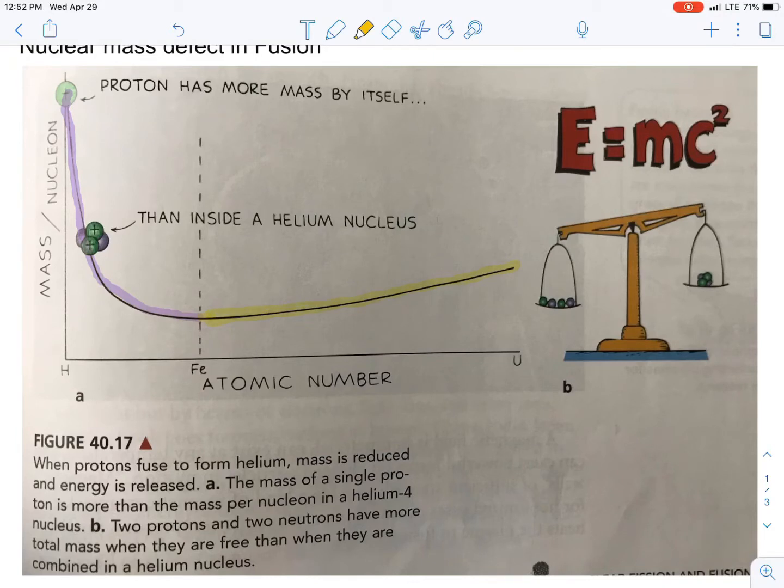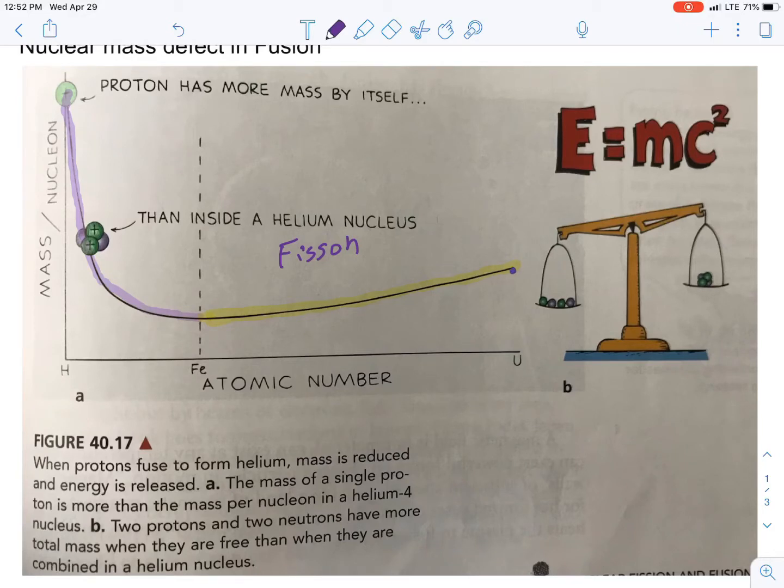All right, so what this means for us is in fission, and this would be the fission side here, the larger atoms that are splitting apart, if they do split apart. Not everything does split apart, right? But if they do, this would be the size of the different particles as they break apart.